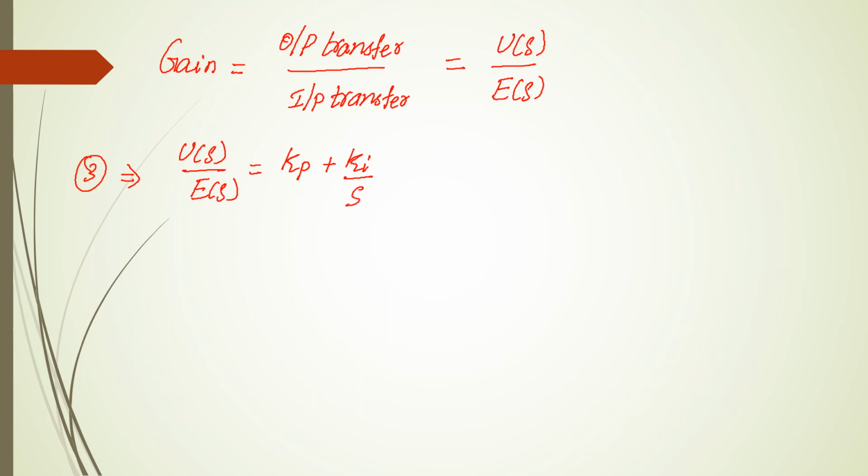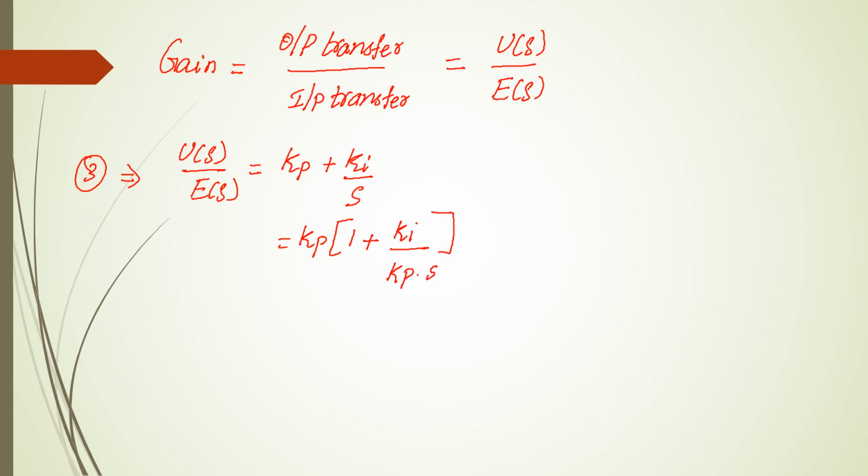Now we are going to take Kp as common. You all know why I am going to take it like this. We are supposed to write the gain in a proper arrangement, which starts from 1 plus other terms. So in order to get that form, we rearrange and write it as Kp. When you take Kp outside, it becomes 1 plus Ki divided by Kp dot s.